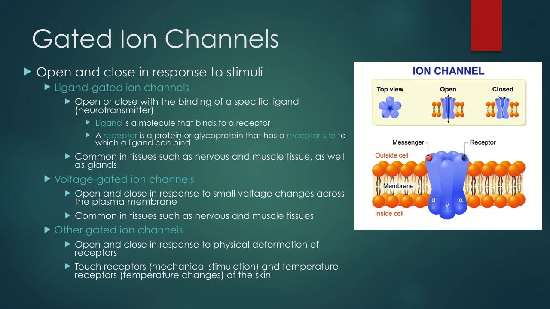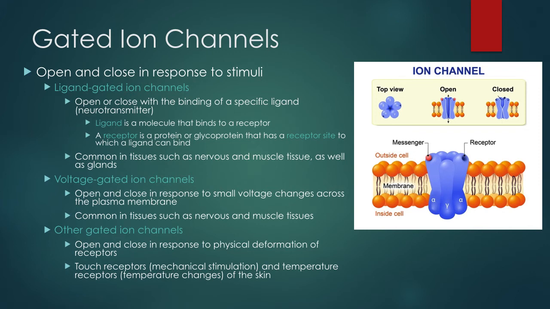These are common in tissues such as muscle and nerve tissue, and they're really important for getting action potentials going. They're what starts the change. Other ion channels open and close in response to movement of ions nearby. And so once an ion channel opens, nearby voltage-gated ion channels also open.